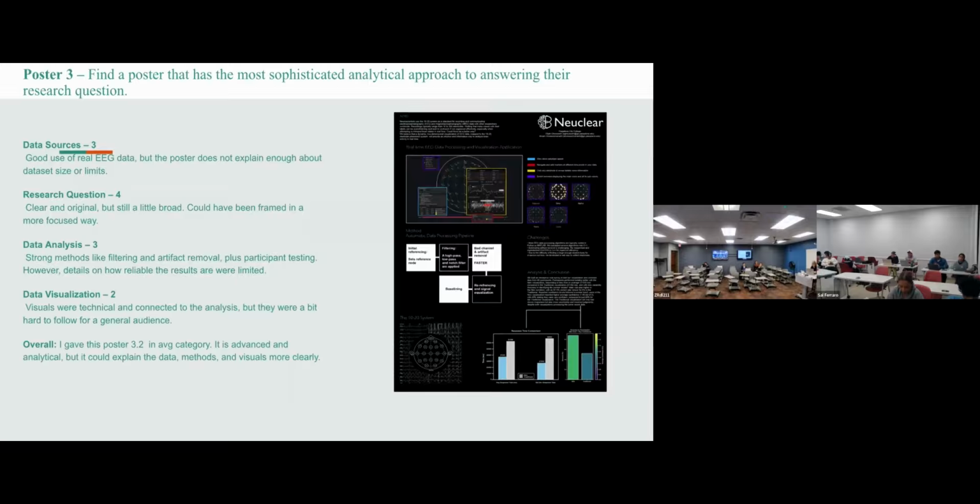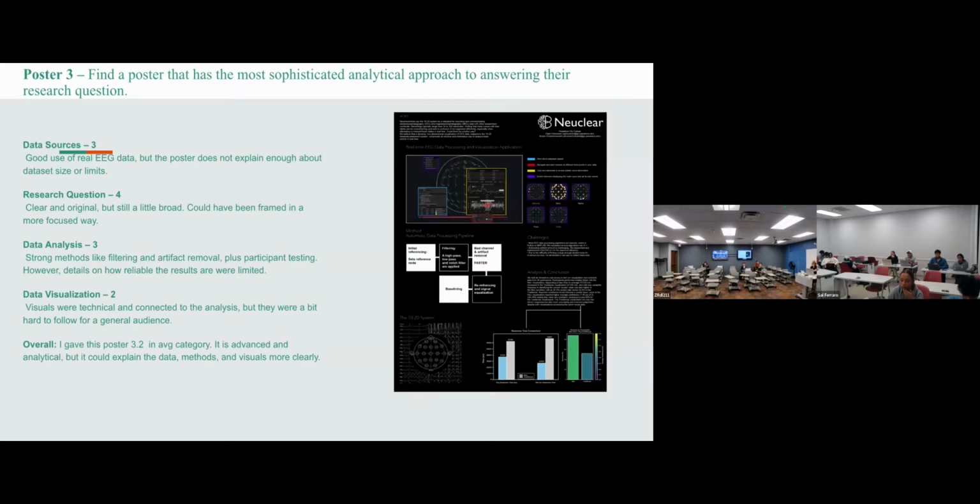But still kind of broad, with a lot of information in the poster, and in general we give this 3.2 out of 5. It's really advanced and analytical, explains a lot, but it's kind of both for what we saw.